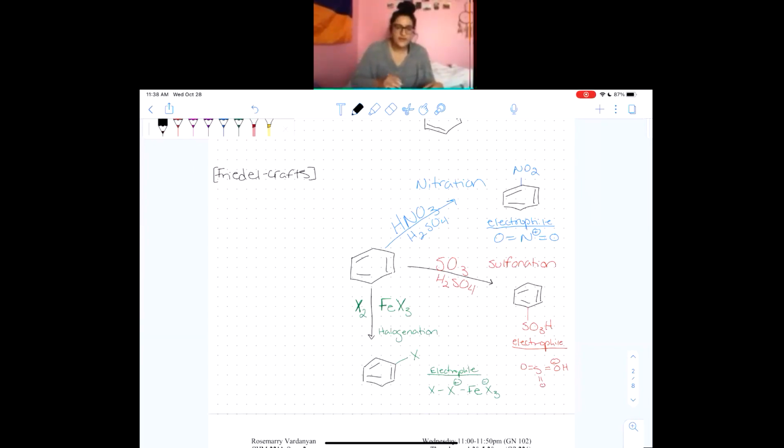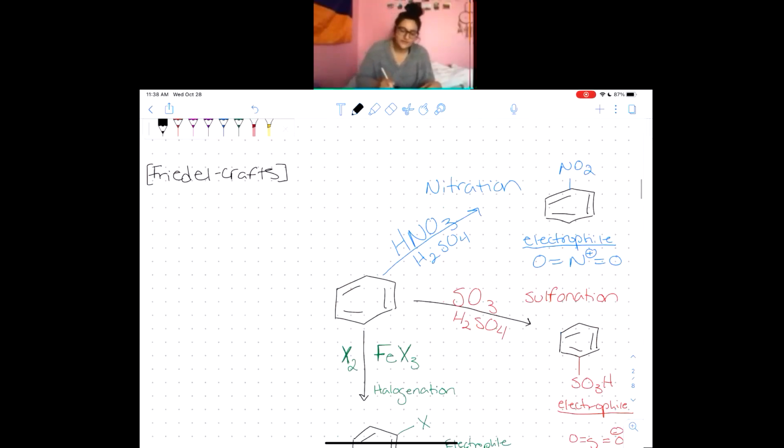So we are going to have a Friedel-Crafts alkylation and a Friedel-Crafts acylation. And just by the name alkylation, what do you guys think we're going to add to the benzene ring?